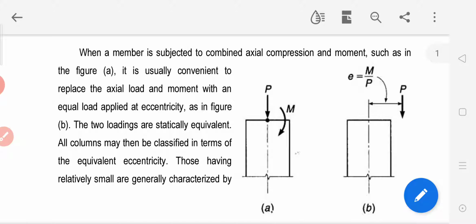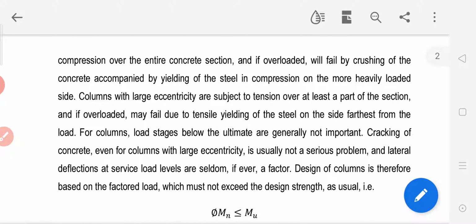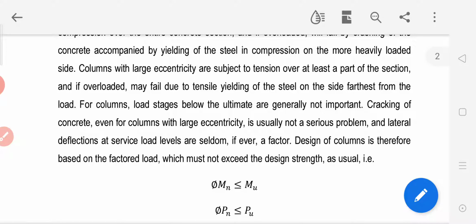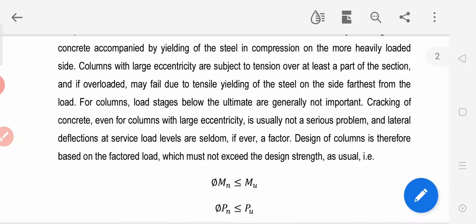All columns may then be classified in terms of the equivalent eccentricity. Those having relatively small eccentricity are generally characterized by compression over the entire concrete section, and if overloaded will fail by crushing of the concrete accompanied by yielding of the steel in compression on the more heavily loaded side.